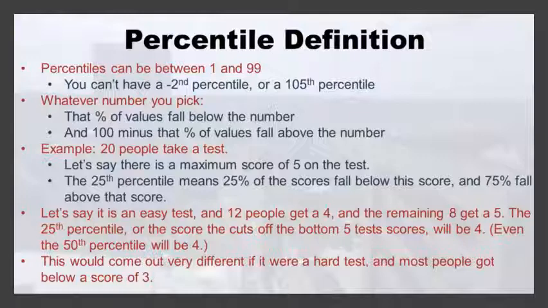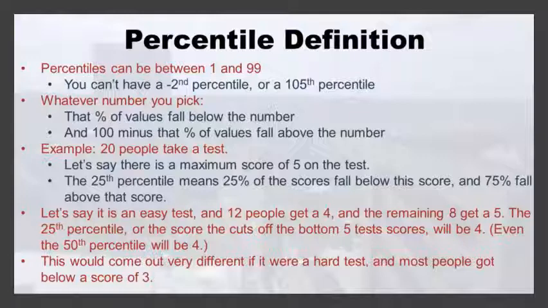And then 100 minus the percentage of the values will fall above that number. I know it sounds a little confusing, but all the values you're considering with a certain percentage will fall below that percentile number.